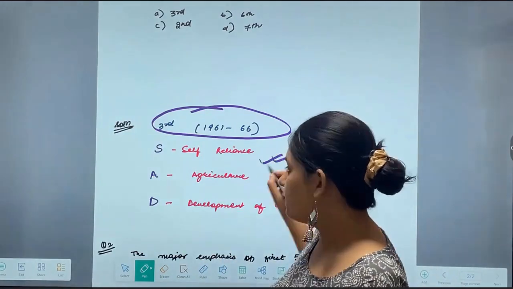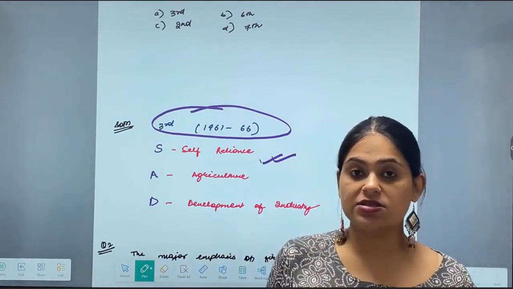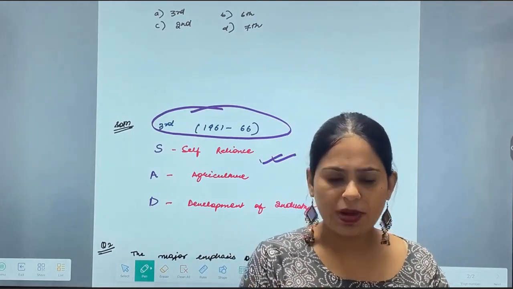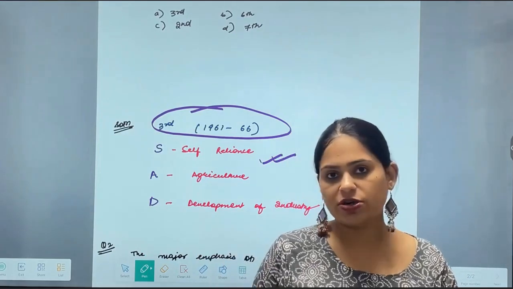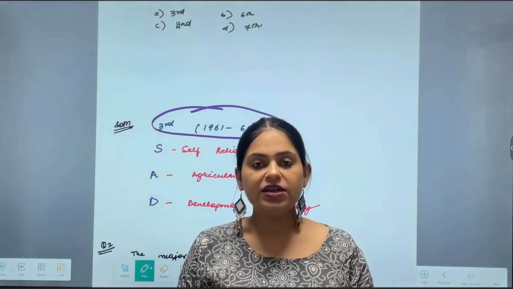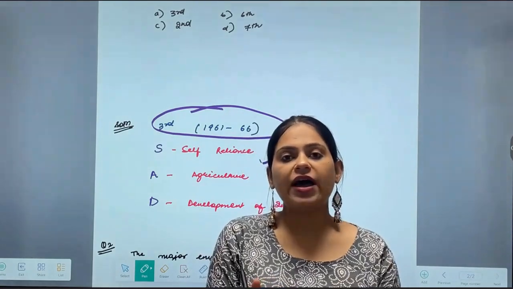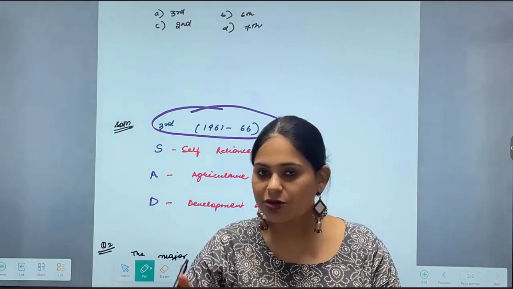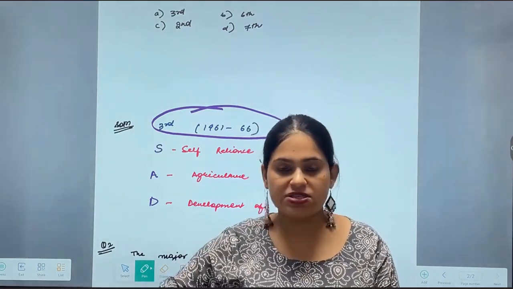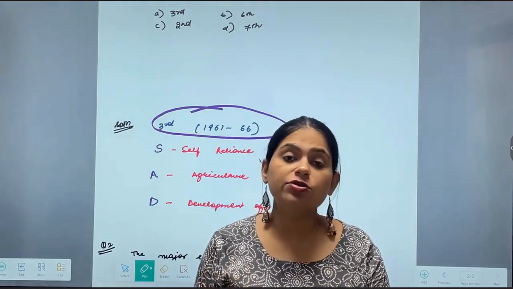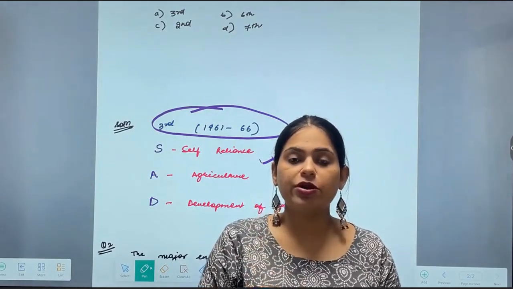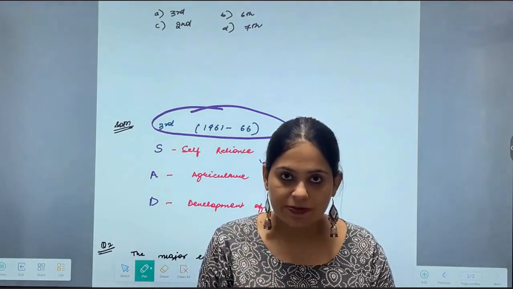First, we focused on self-reliance. You remember, right? When India just got its independence, India was only producing the raw material. It was not into the machinery sector, not into the capital sector, not into the final goods and services sector. India was only into producing raw materials.